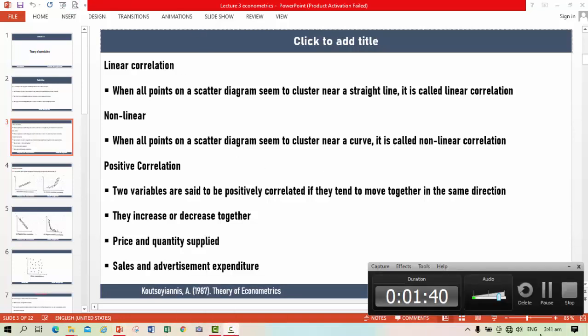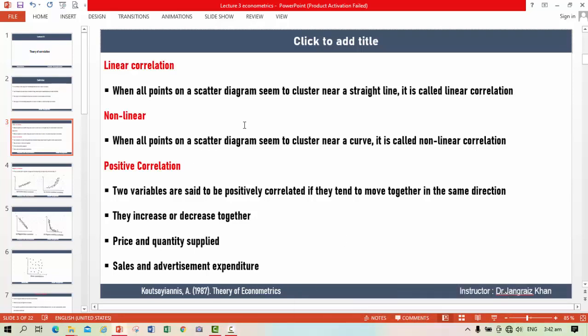Similarly, we have the concept of linear correlation. If you draw the points x and y on a scatter diagram, and we find that all the points lie near a straight line, it is called a linear correlation.